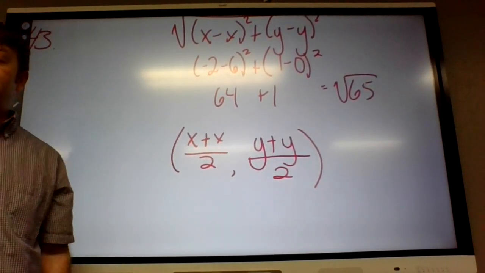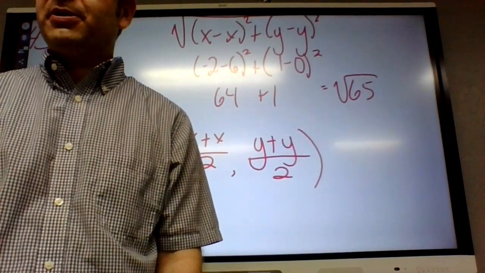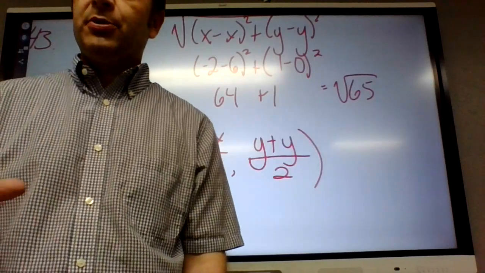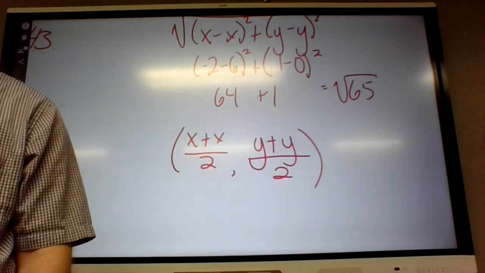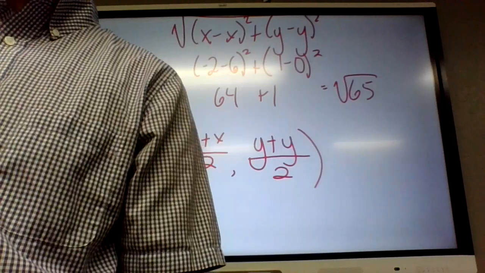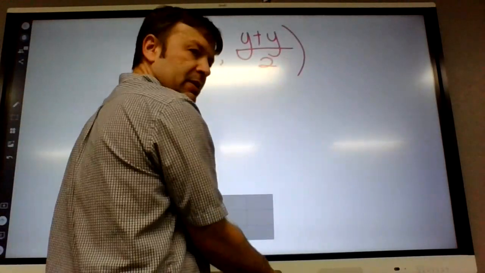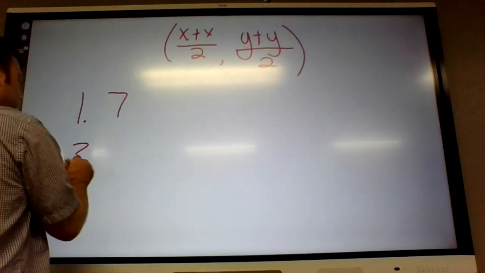Okay, on number 1, if those two base angles are congruent, how long is x going to be? 7. When the two angles are congruent, that means the sides across from them are going to be the same. It's going to be an isosceles triangle. So number 1 is 7. Not a trick question.